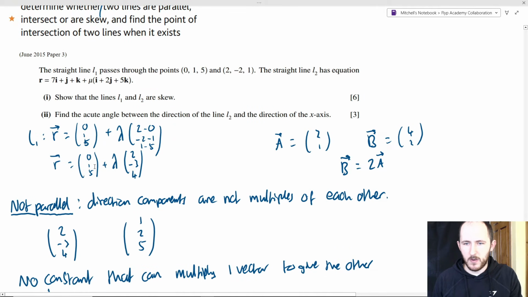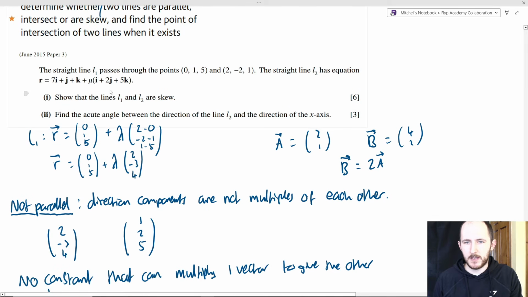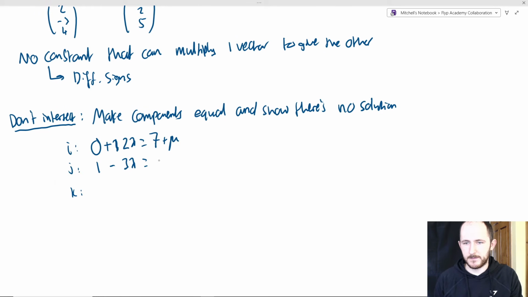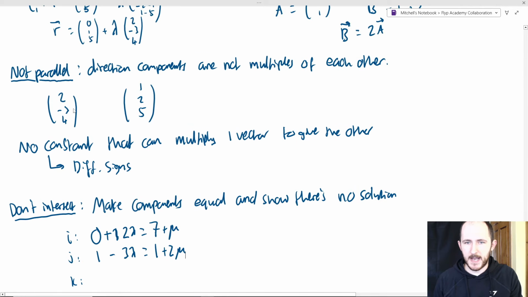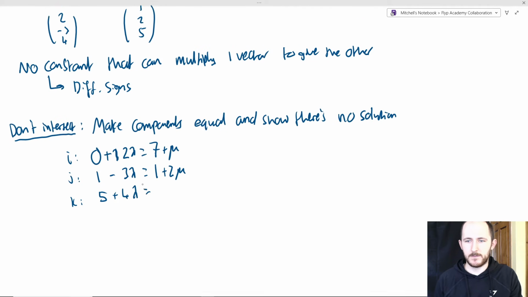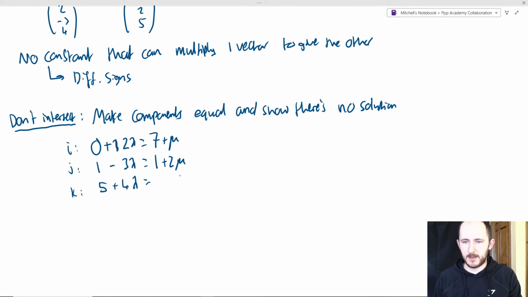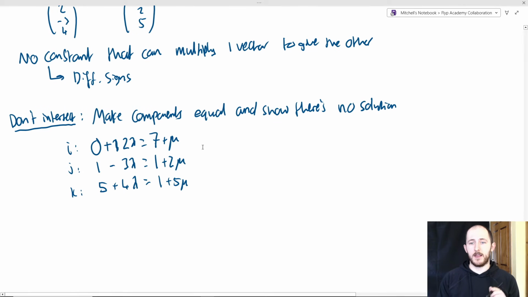We have here 1 minus 3 lambda equals 1 plus 2 mu. The k components, we have 5 plus 4 lambda equals 1 plus 5 mu. Okay, so if they intersect, there will be a solution to this set of equations.